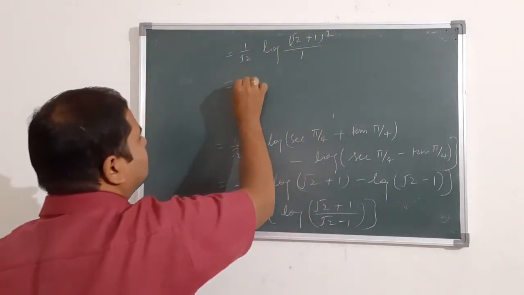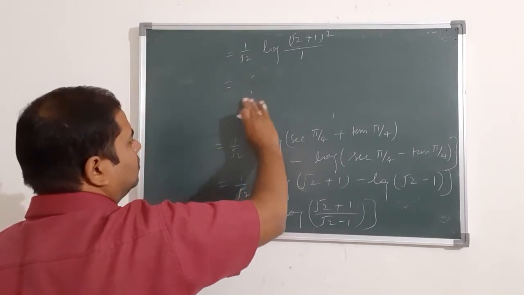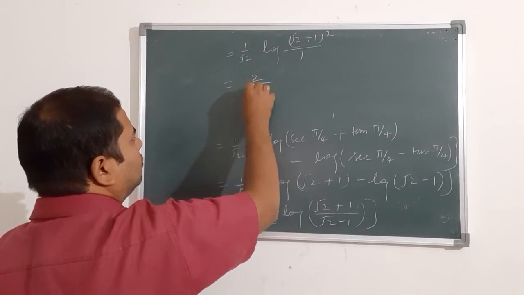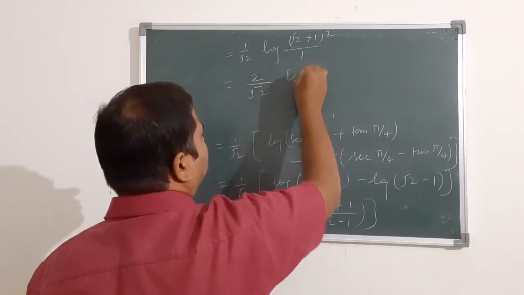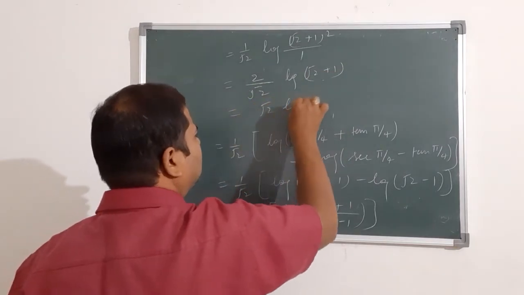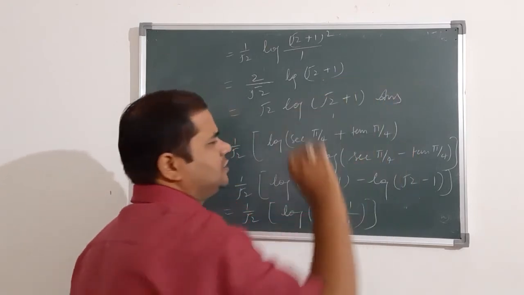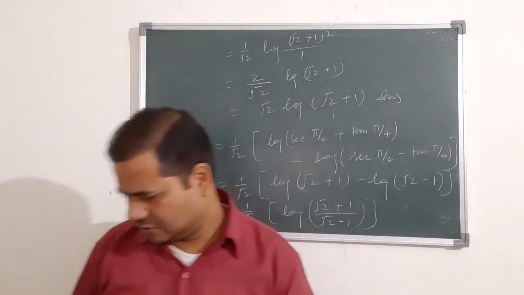So this is 2 upon root 2 log of root 2 plus 1. So this is nothing but root 2 log of root 2 plus 1. This is the answer. Okay? So note it down.